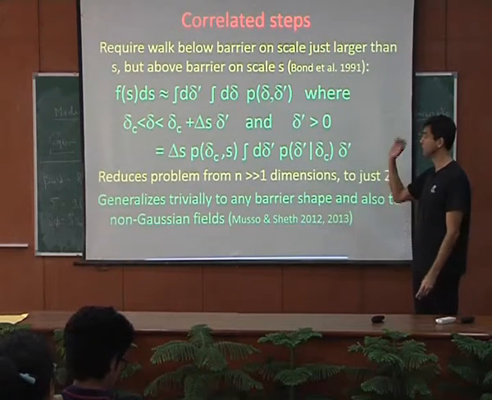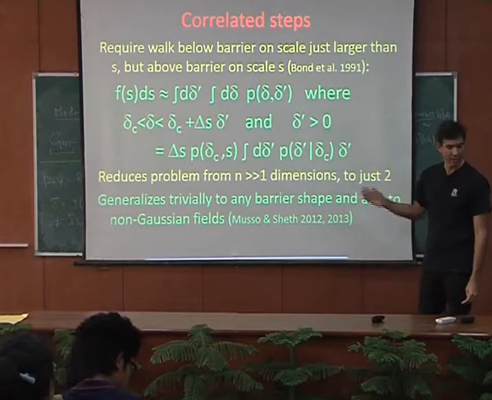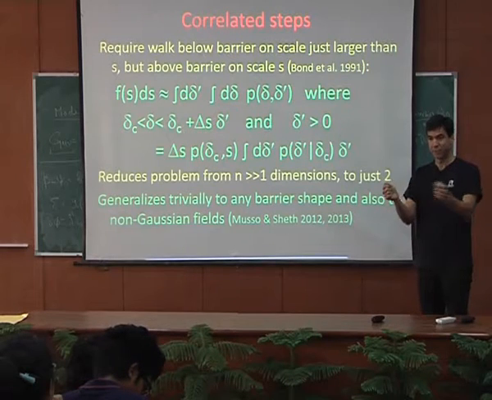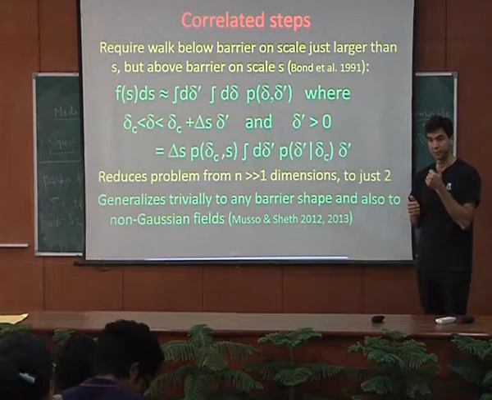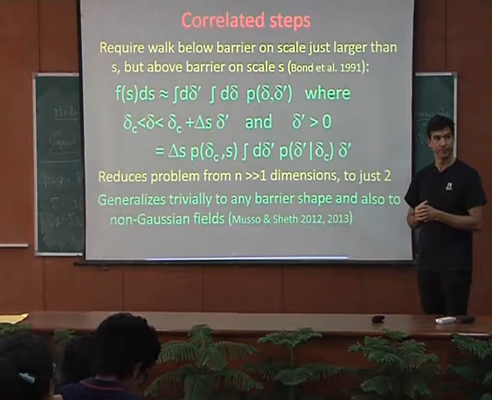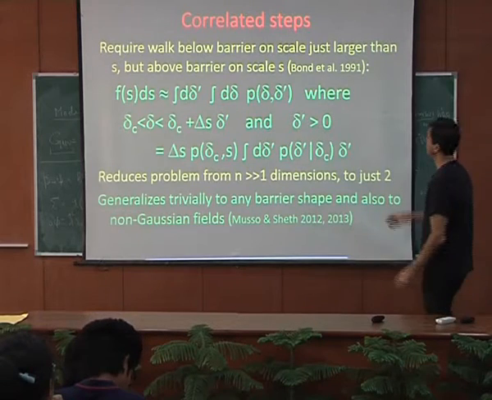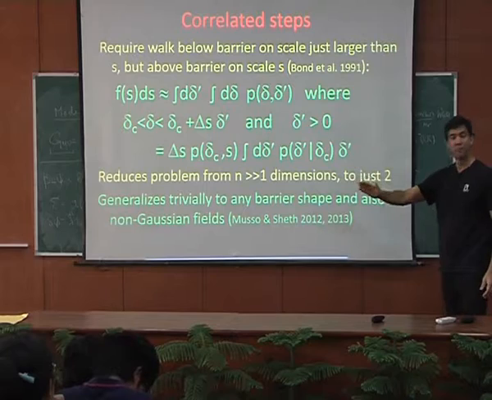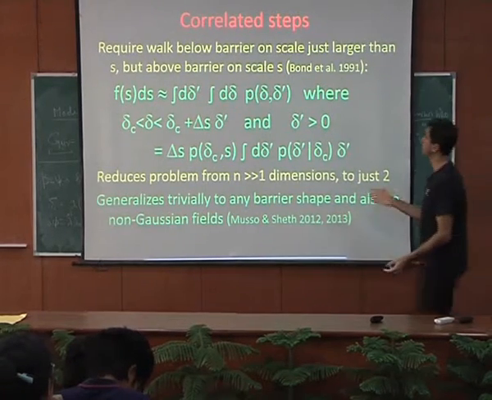Now, in principle, we should take care of the higher derivatives too. But it's a huge simplification, right? Because now we go from what's essentially an infinite dimensional multivariate Gaussian to 2. So doing this is useful because if I want a barrier that has some other shape, then I just put my conditions here.